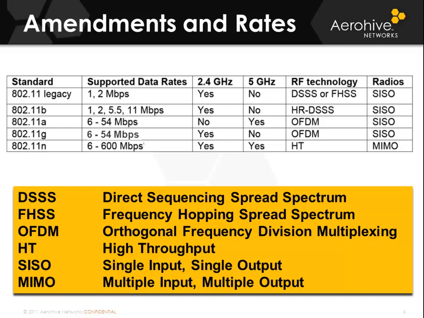802.11n operates in both frequencies, 2.4 and 5 gigahertz. It also has protection modes built in for non-members and for mixed mode environments with legacy clients, and it promises data rates of up to 600 megabits per second. It uses high throughput OFDM, and it uses multiple input, multiple output radio chains.